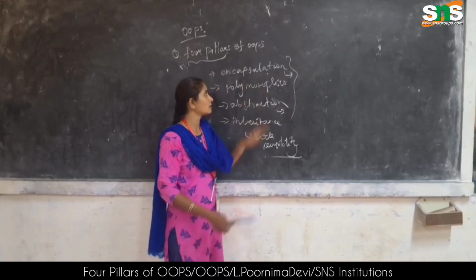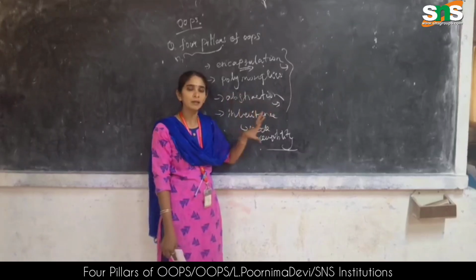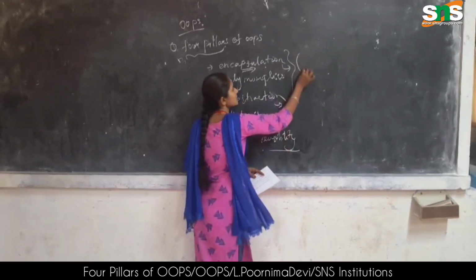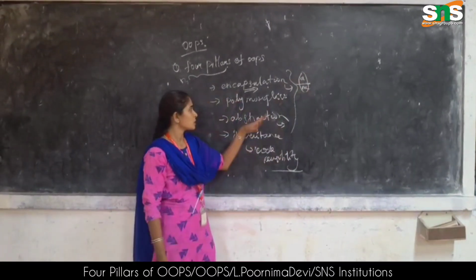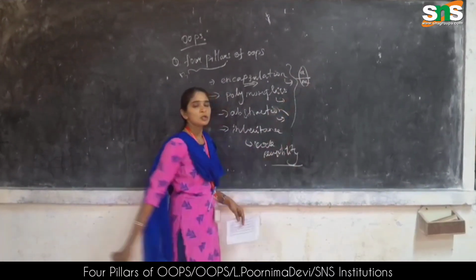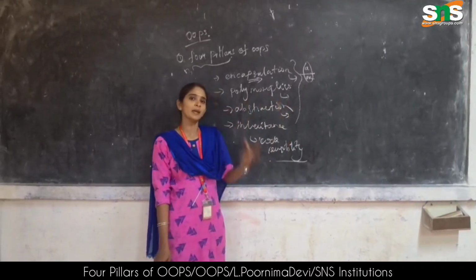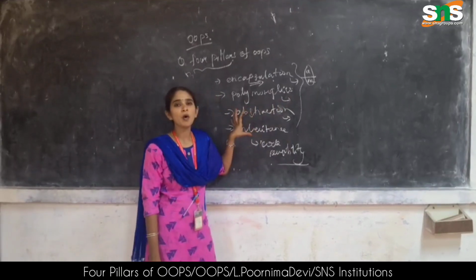When you use encapsulation, you write both the attributes and methods inside the class. The next is polymorphism. Polymorphism means using a single object in many forms. This is an important thing.